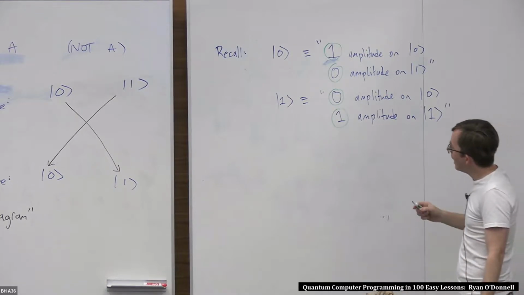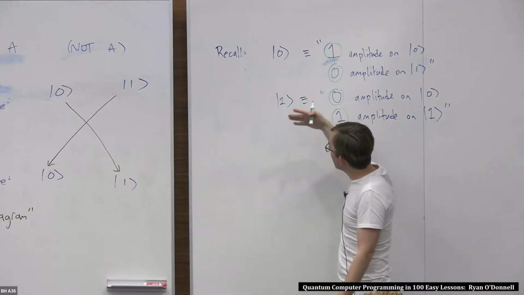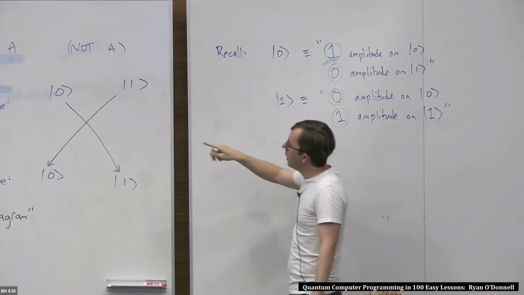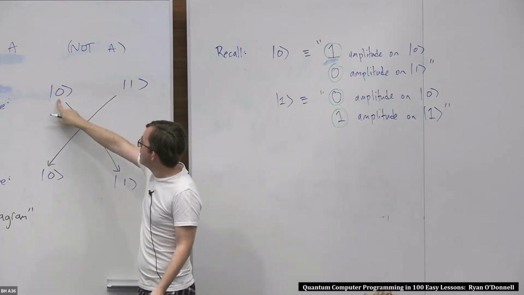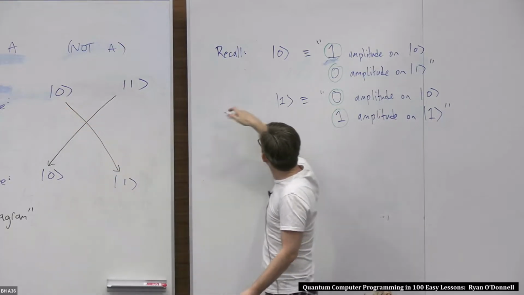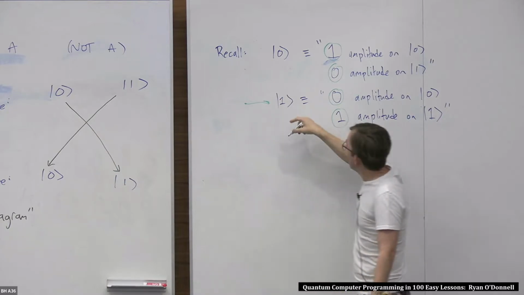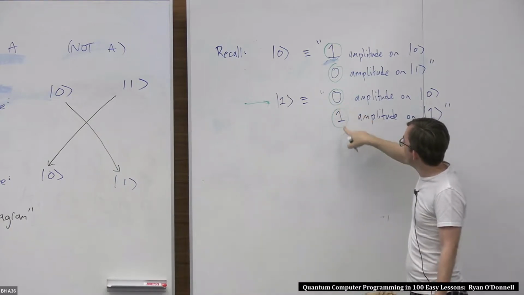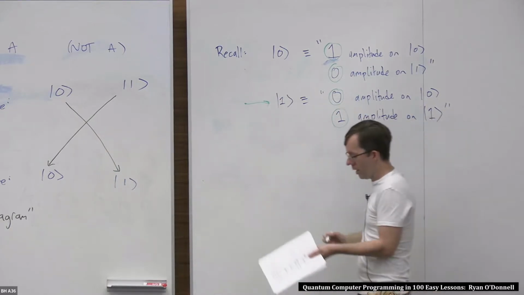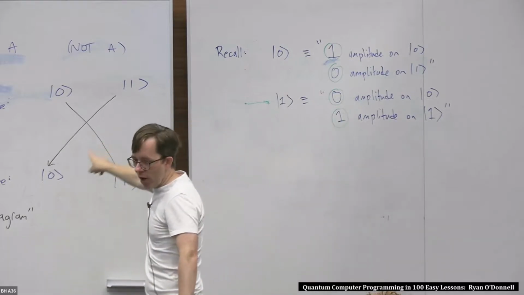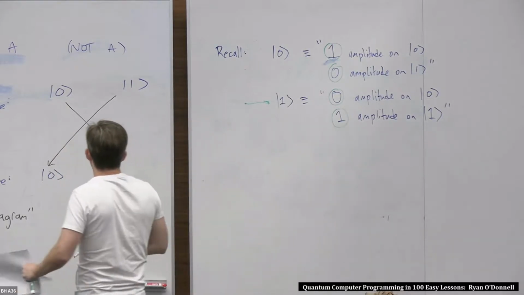So to say things more fully, the toggle instruction, if you're at basic state 0, it maps you to basic state 1, which means that it maps you to having no amplitude on 0 and 1 amplitude on 1. So you can also draw this diagram more extensively like this.